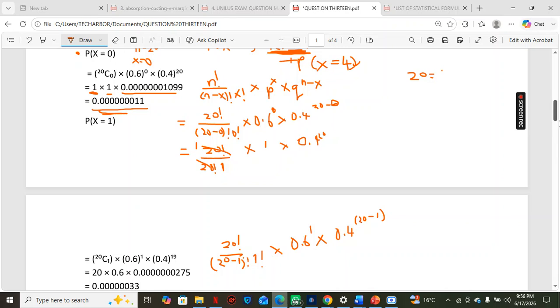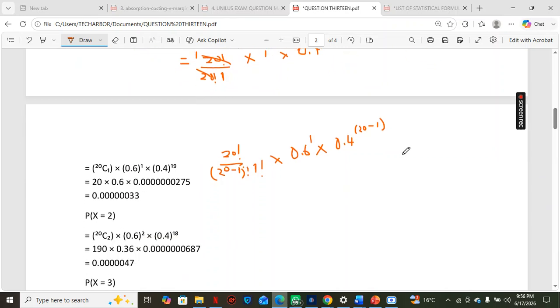x equals 1. Okay. So this first part here, you're going to say 20 factorial over 20 minus 1, that is 19 factorial, multiplied by 1 factorial is 1.